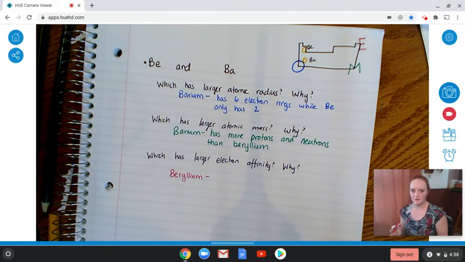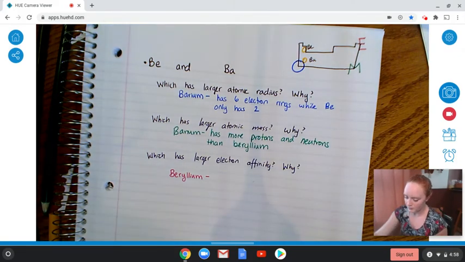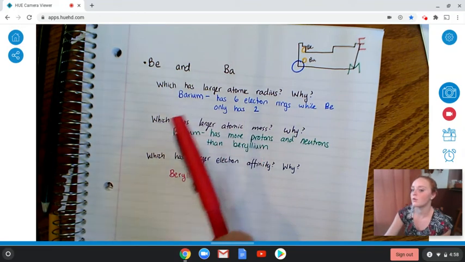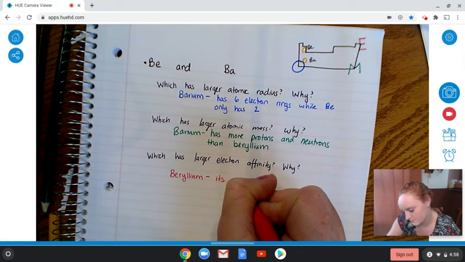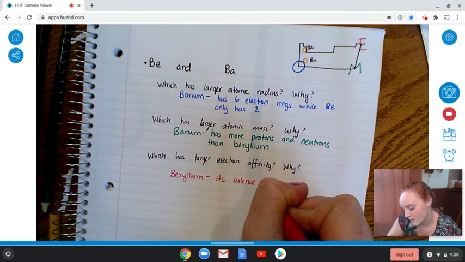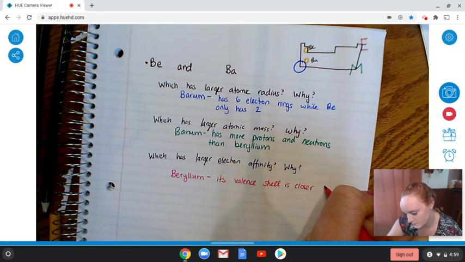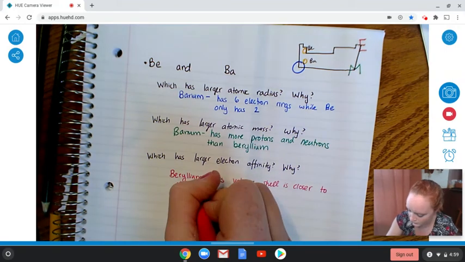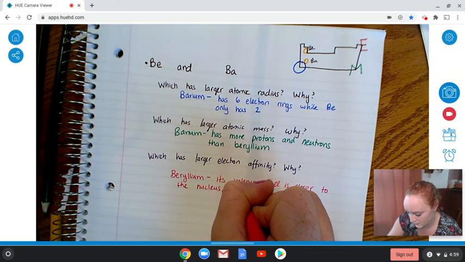Why is that? Well, it actually goes back to what we talked about in number 2. So beryllium only has 2 electron rings. So its valence shell is closer to the nucleus. So the shielding effect is lower.